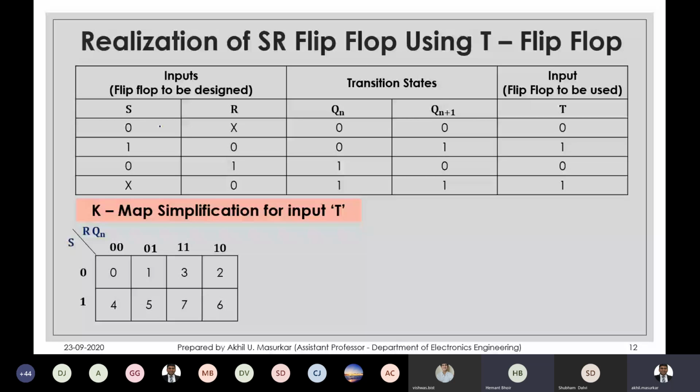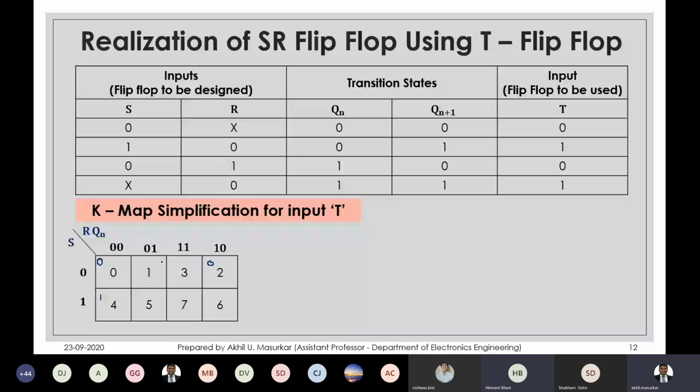Then 001 is 0, 010 is 0. Okay. 100 is 1, and 011 is 1.